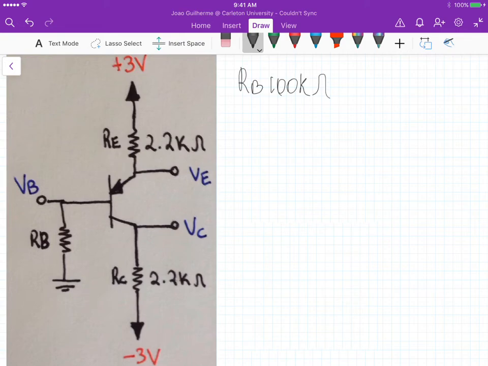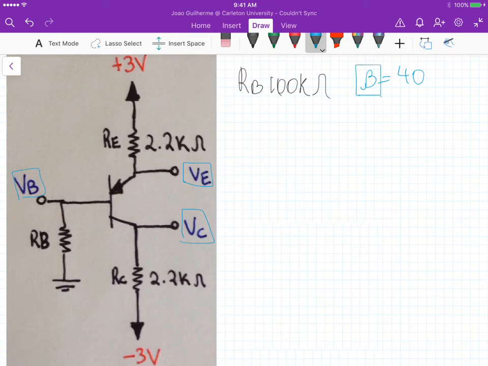But now, since we changed RB, the values of the voltages VB, VE, and VC have also changed, right? Because we kept beta the same. So beta was 40. Now, if we want to keep VB, VE, and VC the same, we need to pick a different BJT that has a different beta.